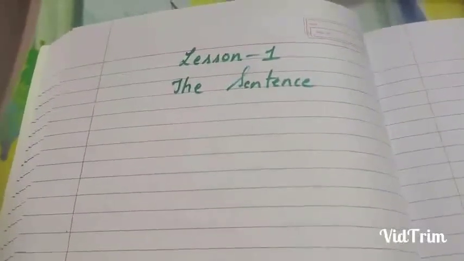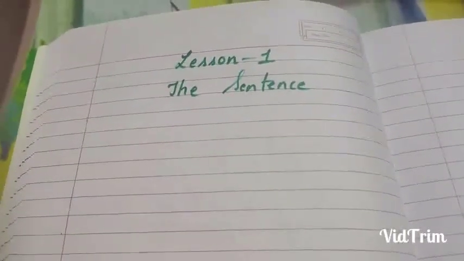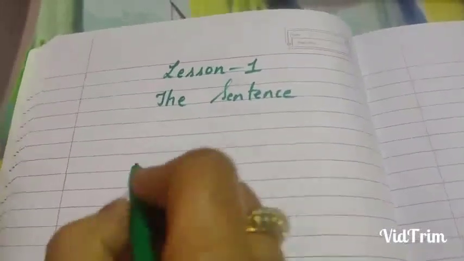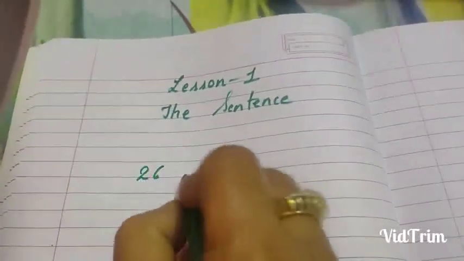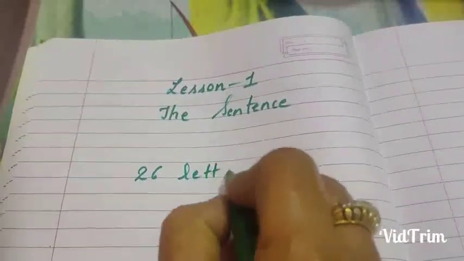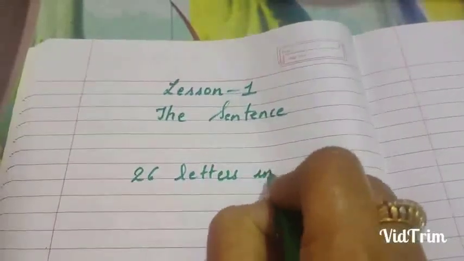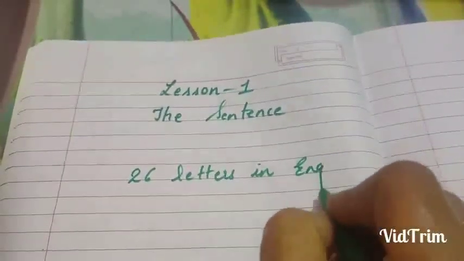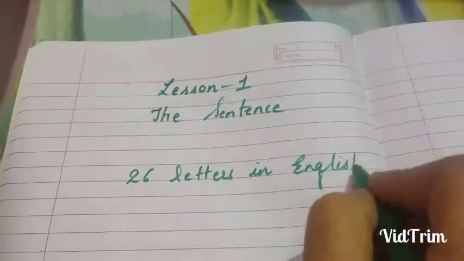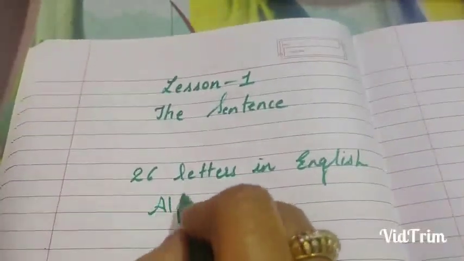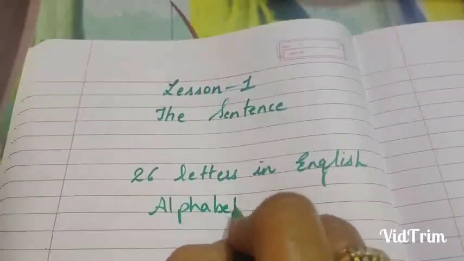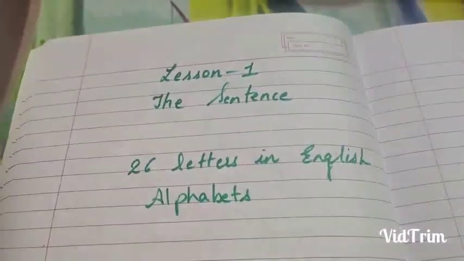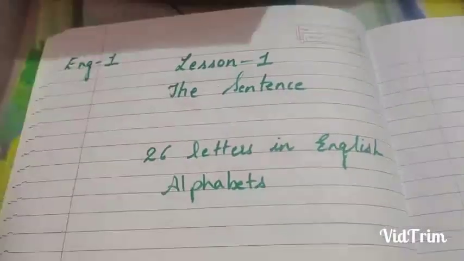Lesson 1, the sentence. So we have 26 letters in the English alphabet.